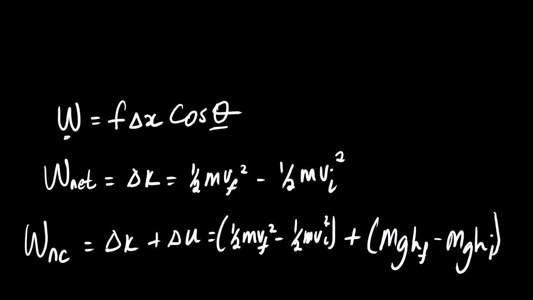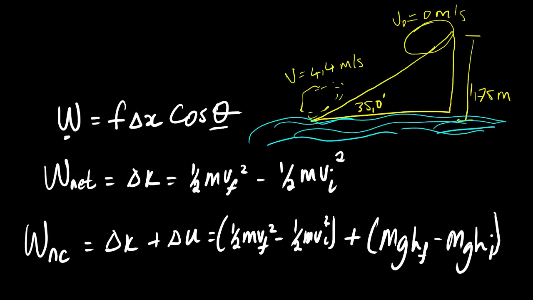Now, recalling the scenario, we have the mass of the seal, we have the final velocity, we have the initial velocity, we have the gravitational acceleration, we have the final height, and we have the initial height.